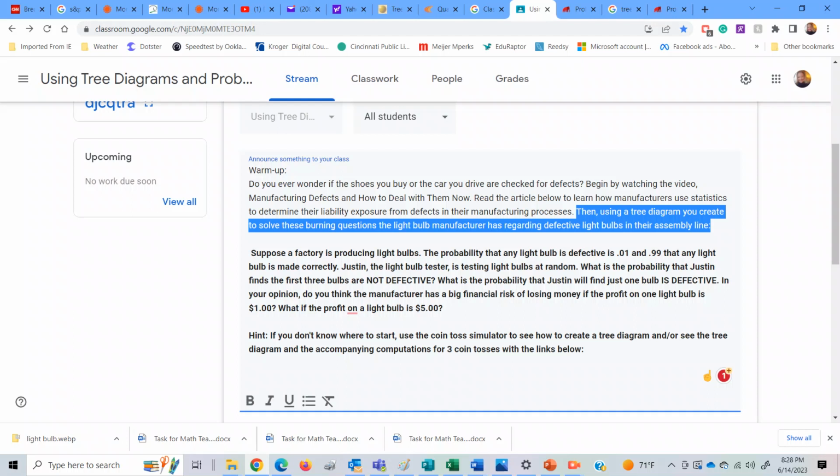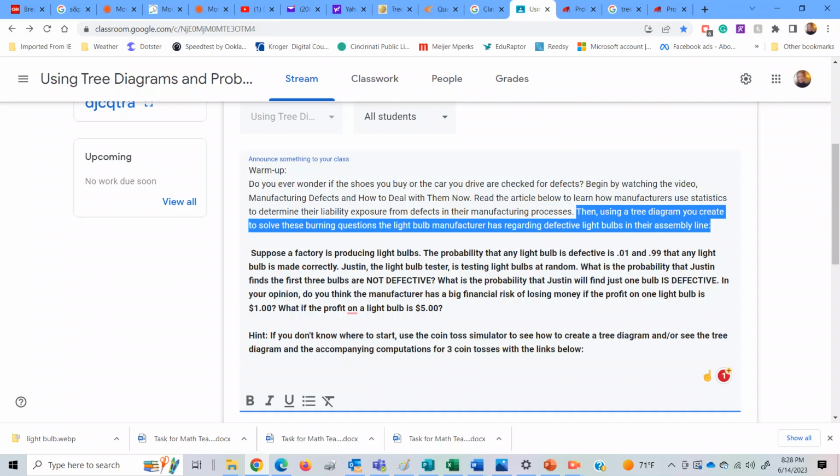Or what if the profit on a light bulb is $5? So even though I'm asking their opinion, the questions are somewhat high level because now you're tying in the economics of the manufacturing process along with the statistical analysis.